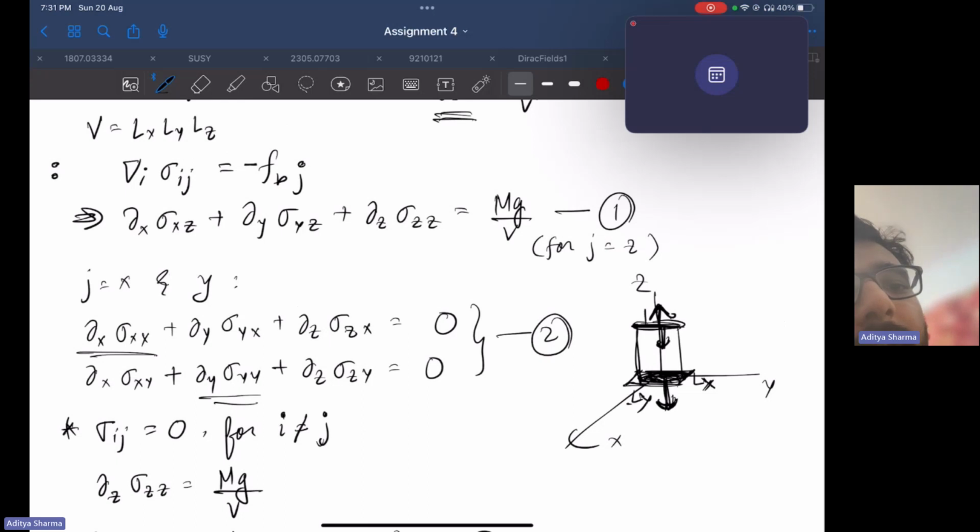It is all straight, in this direction at the top surface and in this direction at the bottom surface.